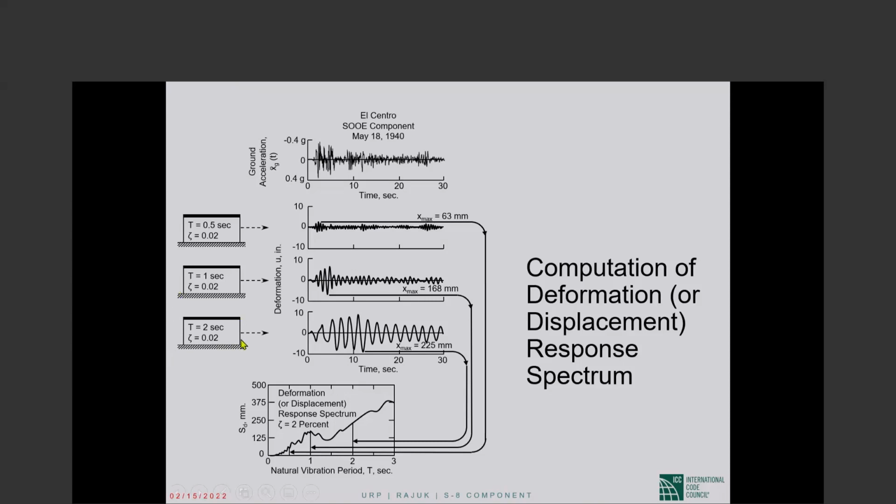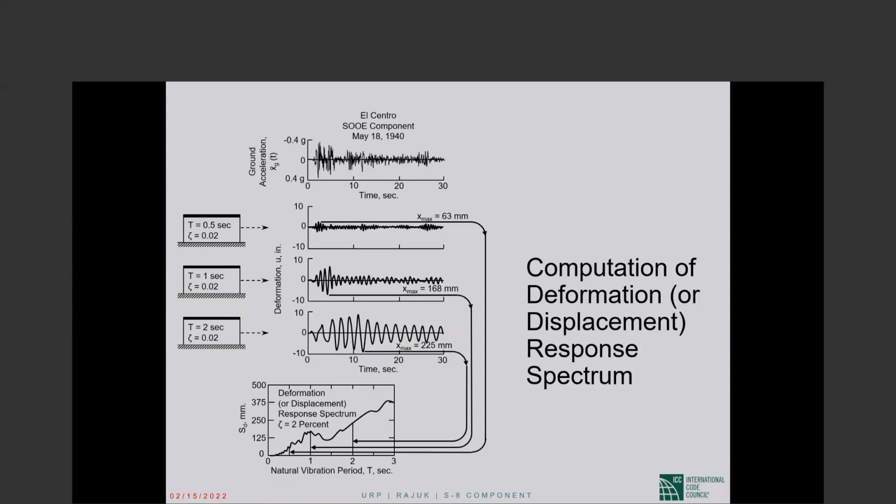This frame, with a much longer period when subject to acceleration history at the base, shows this displacement history quite regular. The period is now long, reflecting the period of the frame, and the maximum displacement is now 225 millimeters.